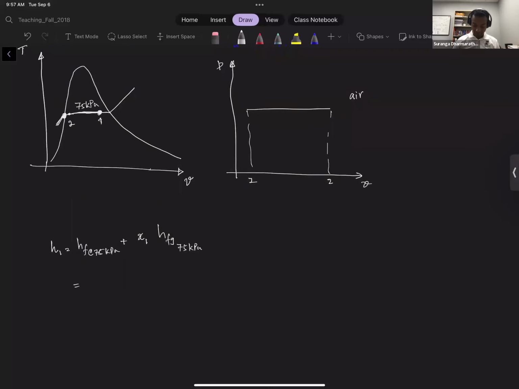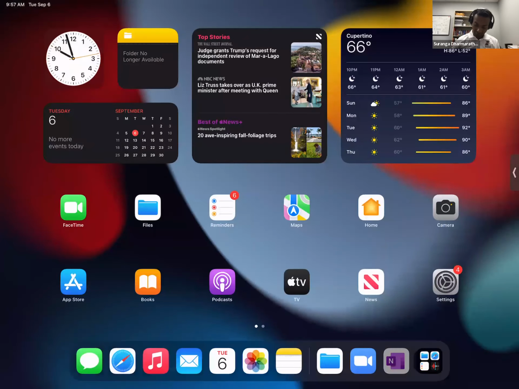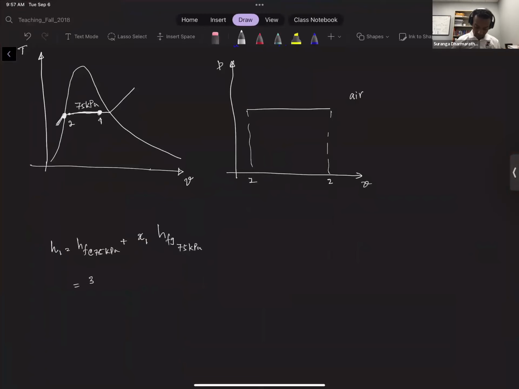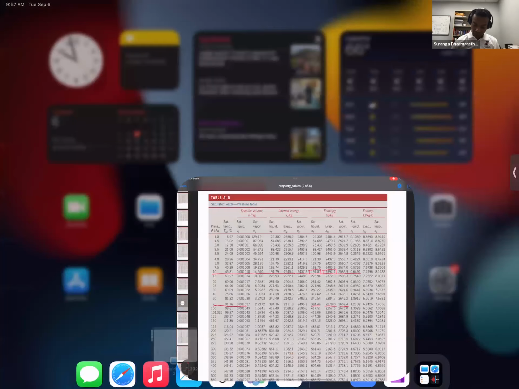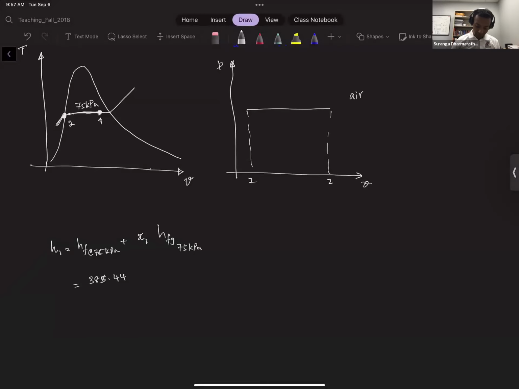So HF, I found from the table, 384.44 kilojoules per kilogram plus X.